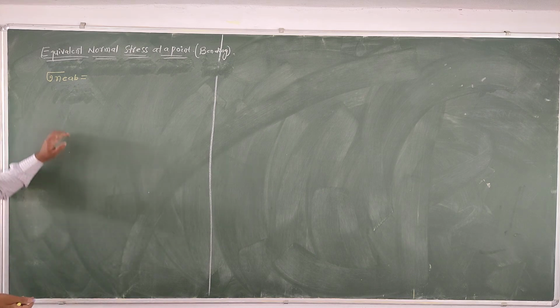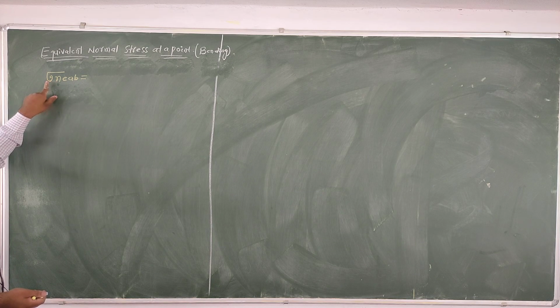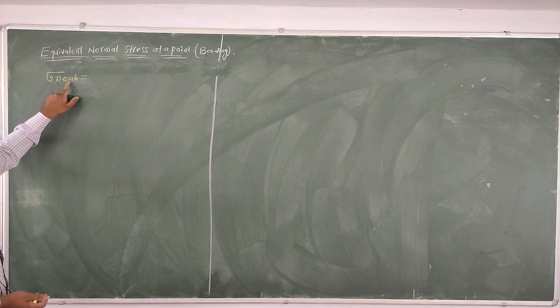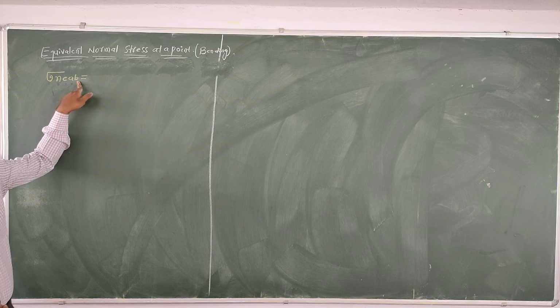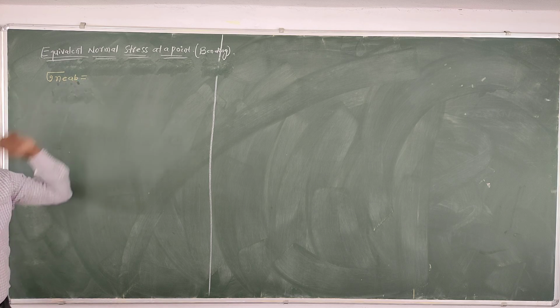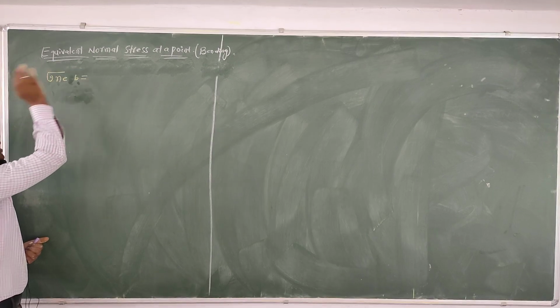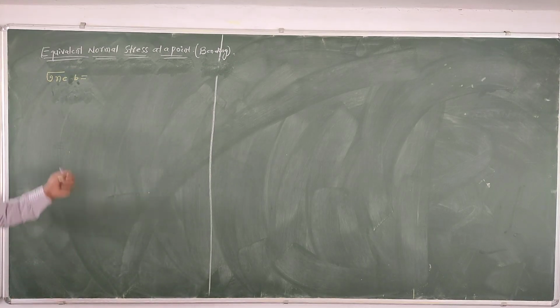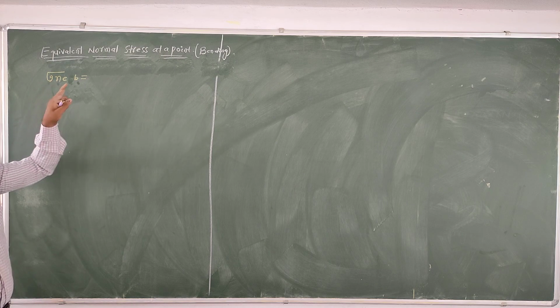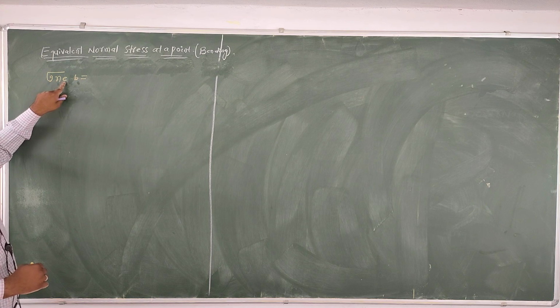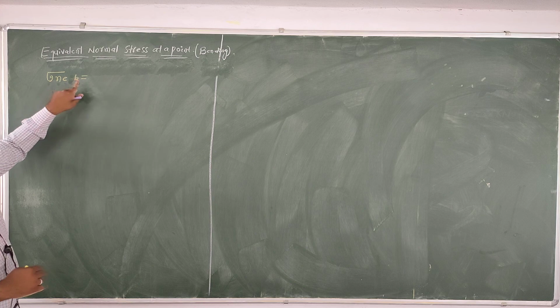Sigma n, nothing but the equivalent normal stress, is acting at point A in the form of bending. If you are confused, you can remove the A also. It's your wish. Otherwise you can represent it here as equivalent normal stress due to bending.